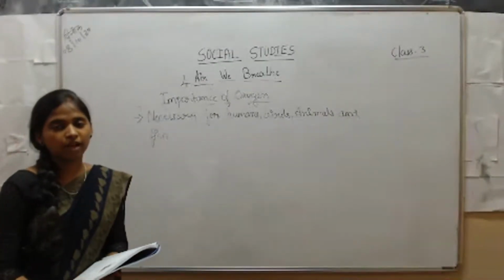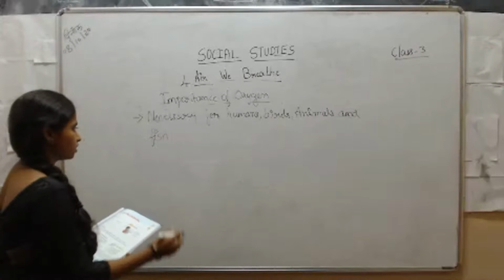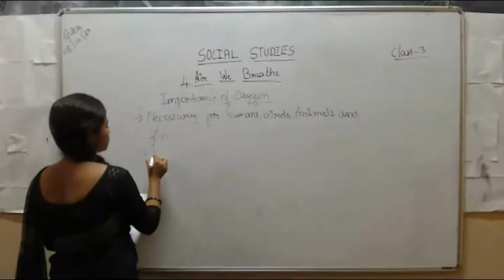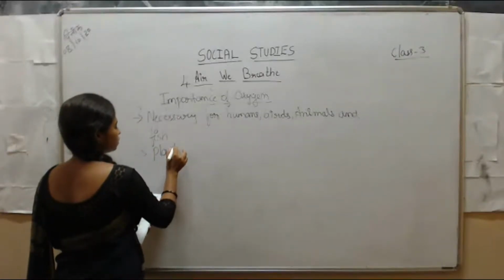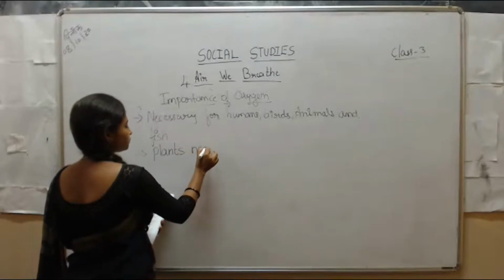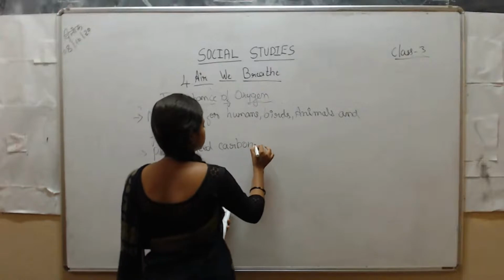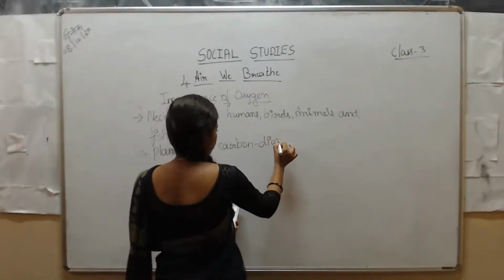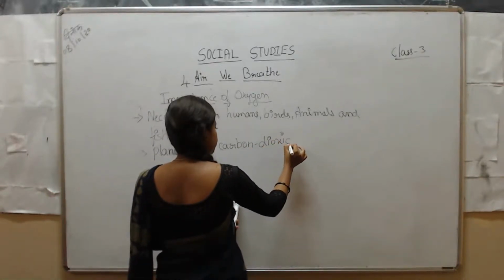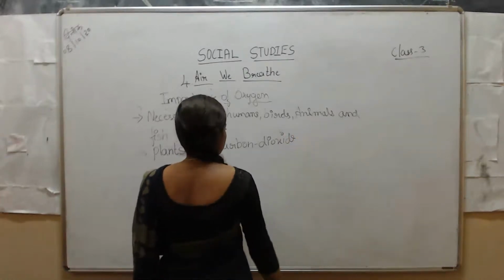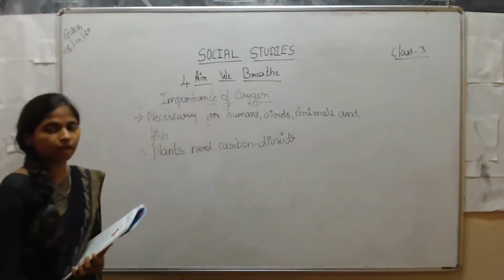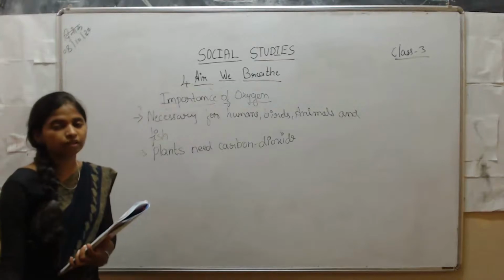So then plants need carbon dioxide. Plant is also a living thing, no? Yes. Plants need carbon dioxide. So why do they need the carbon dioxide which is present in the atmosphere?